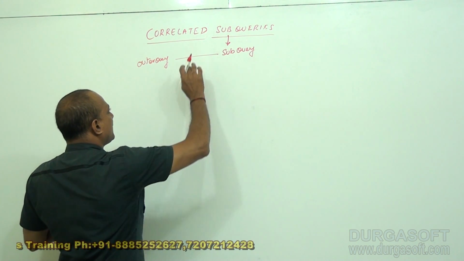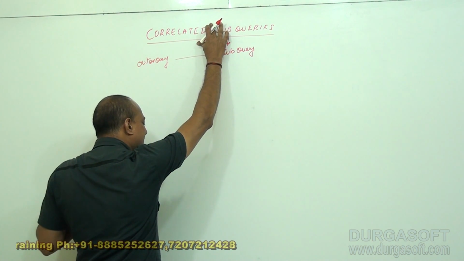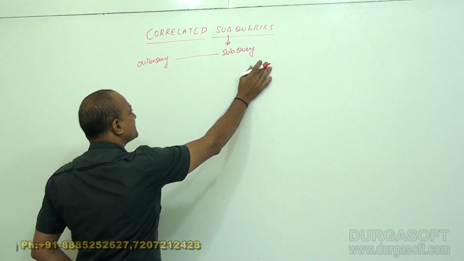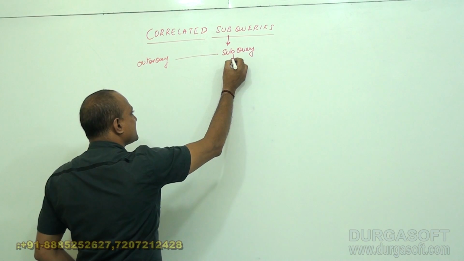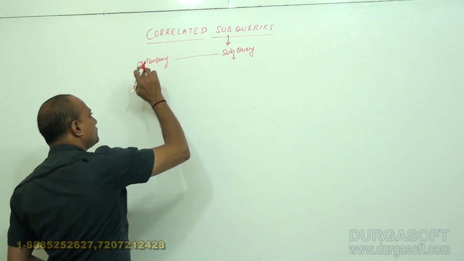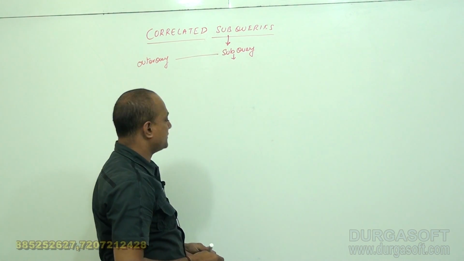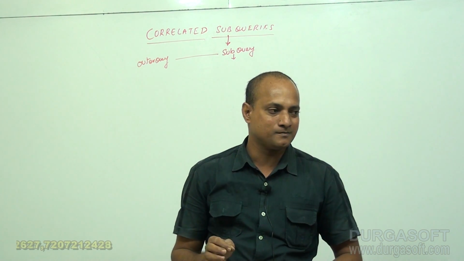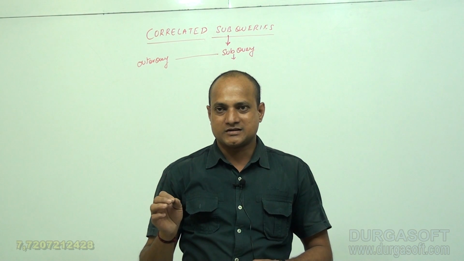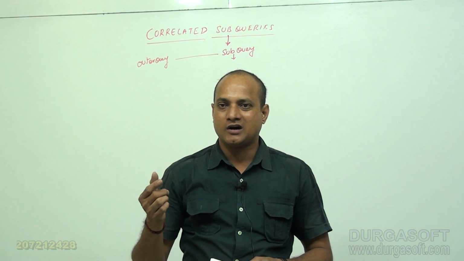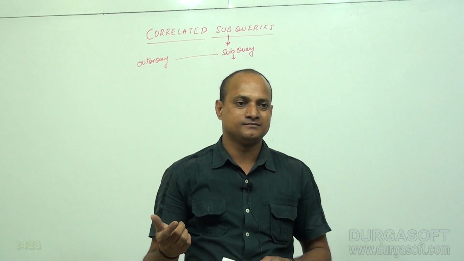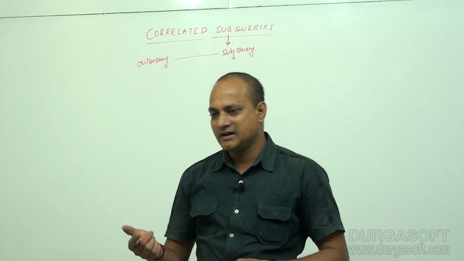Now see, what is correlated? Why is it a special case? A correlated subquery means the subquery depends on the outer query output. The subquery which is depending on the outer query output is called a correlated subquery.